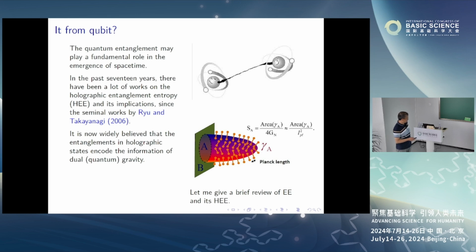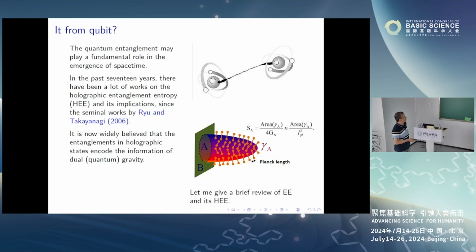It is now widely believed that quantum entanglement may play a fundamental role in the emergence of space-time and also the gravitational dynamics. Since the work by Liu and Takagi in 2006, let me give a brief review of entanglement entropy and its holographic computation.